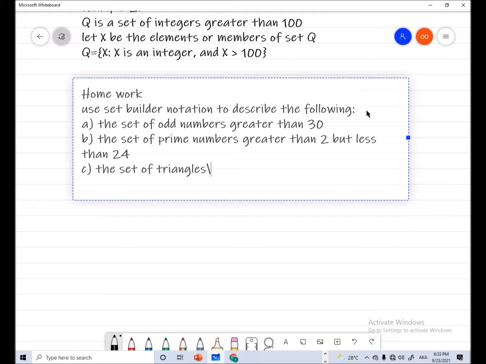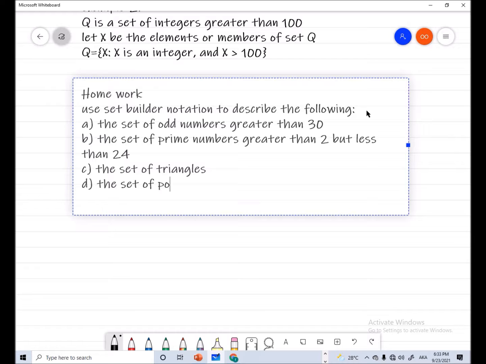We go to D, which says the set of positive integers less than 100.